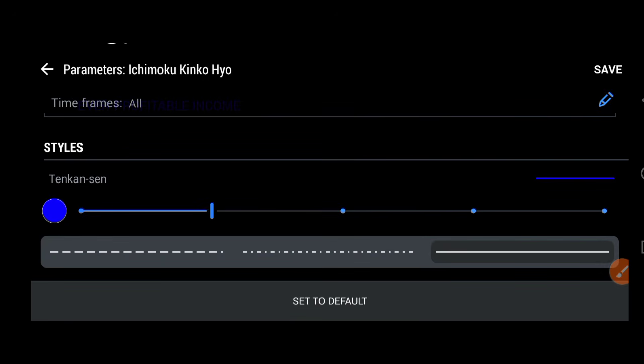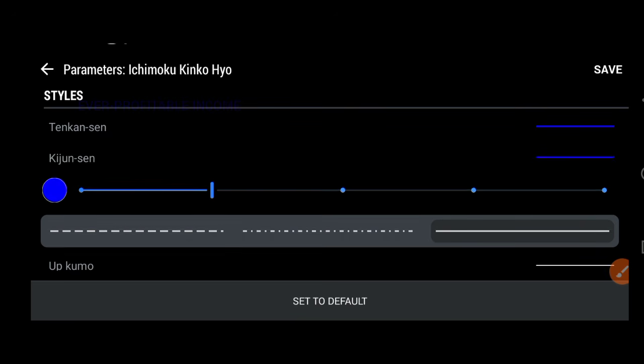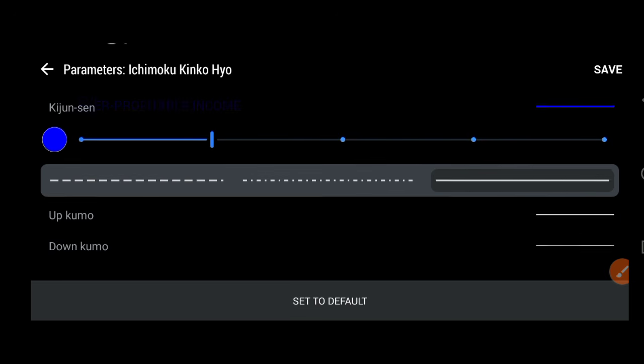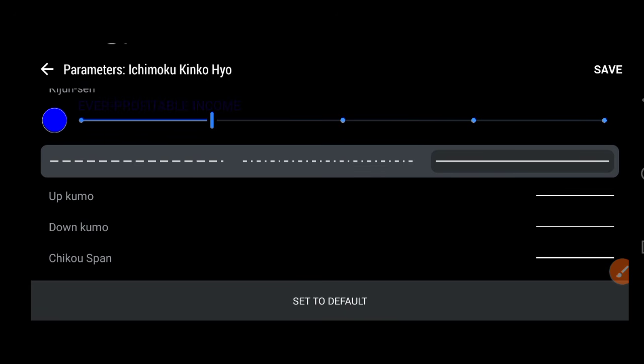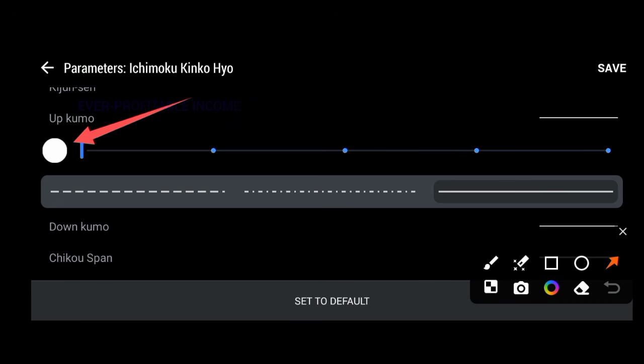Then scroll down. You are going to change the style color of Tenkan-sen to blue, and change the style color of Kijun-sen to blue also. Can you see that? Then the remaining ones right here, this up Kumo. So the up Kumo should be the color of your chart. And then the next one is down Kumo.